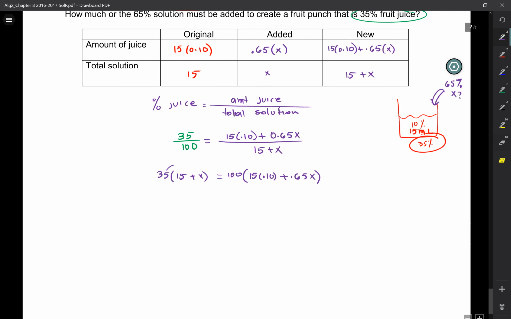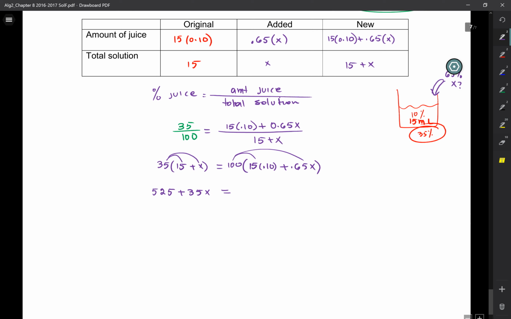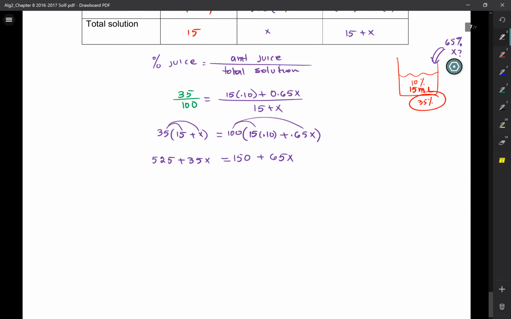Now I do some major distributing, and I get 525 plus 35x equal to, trust me on this, 150 plus 65x. 0.10 times 100 times 15 is 150, okay?